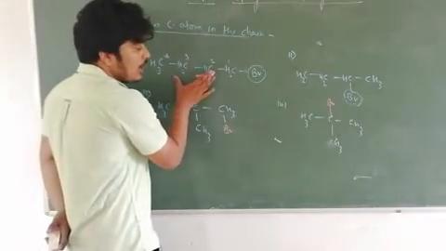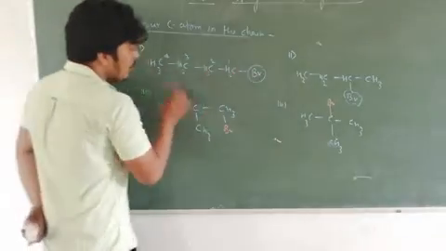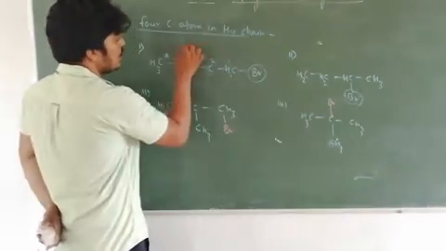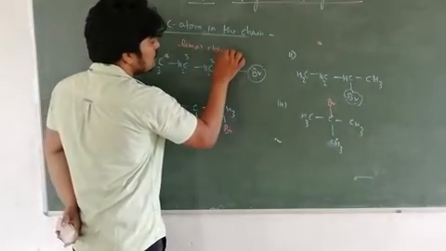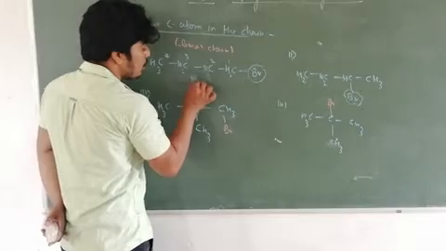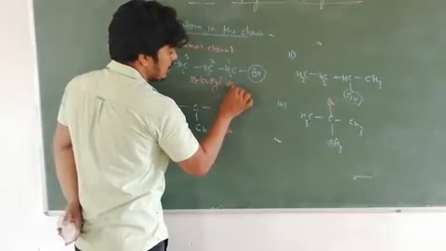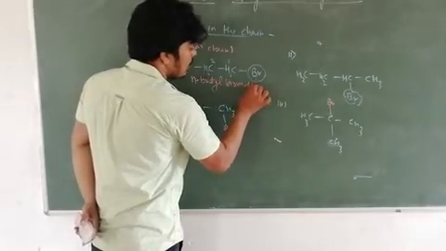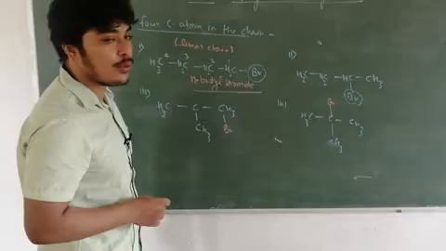This is butyl bromide, but this is the linear chain, so you will term it as normal butyl bromide. This is the common name, normal butyl bromide.